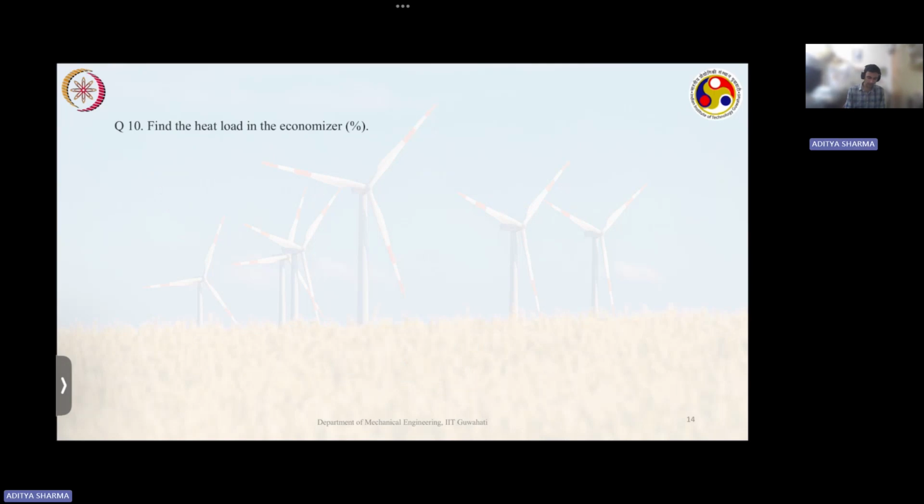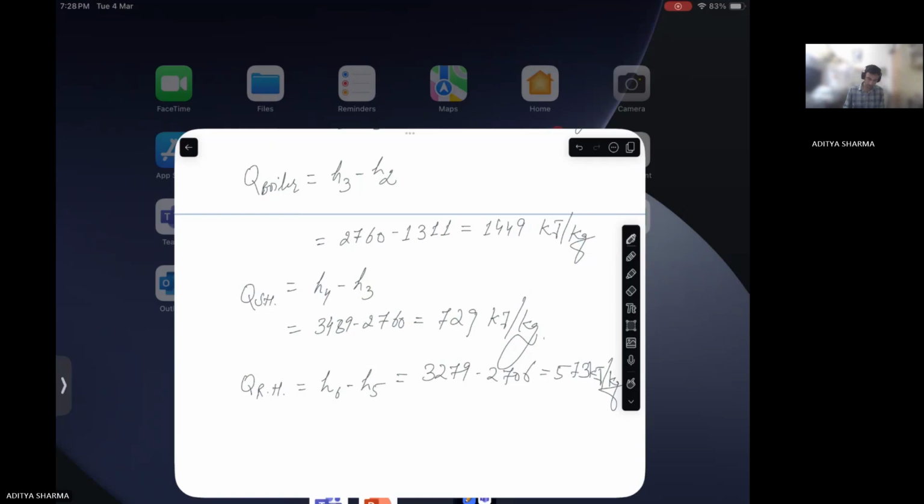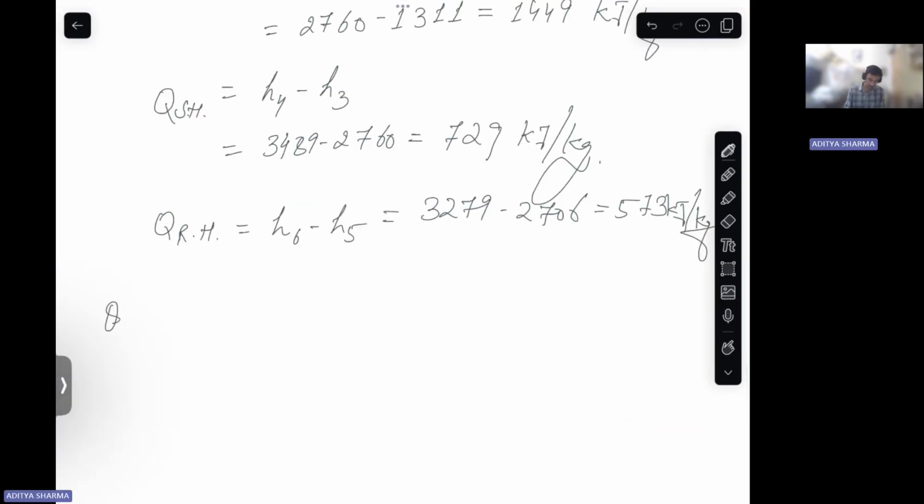So find the heat load in the economizer. So now question number 10, solution.